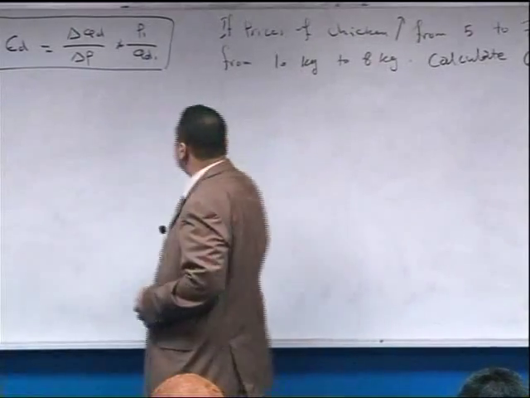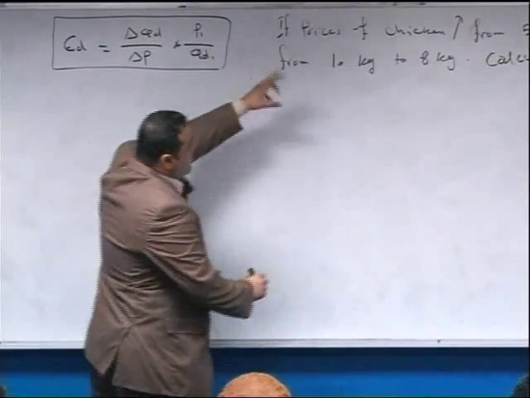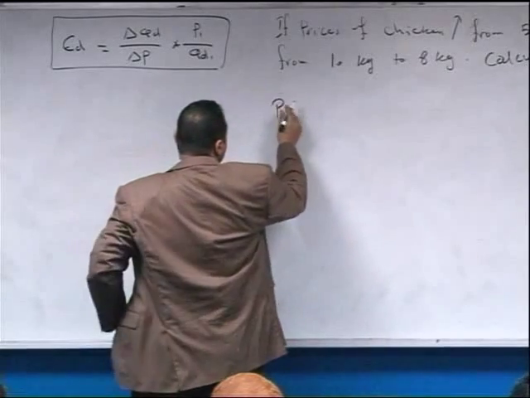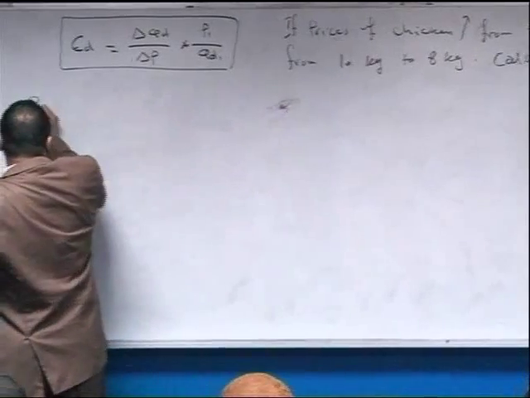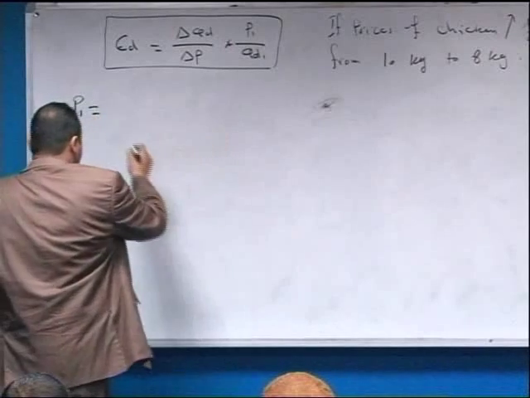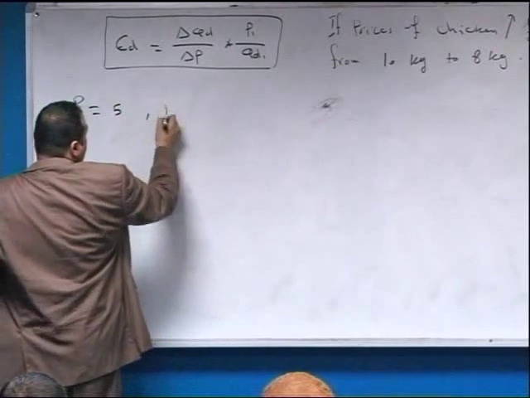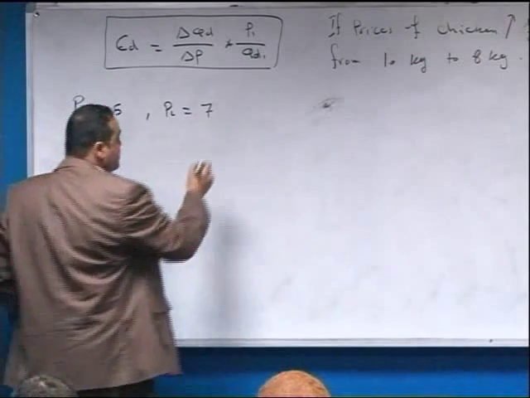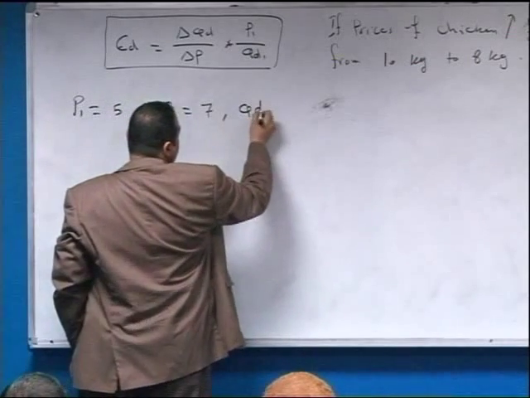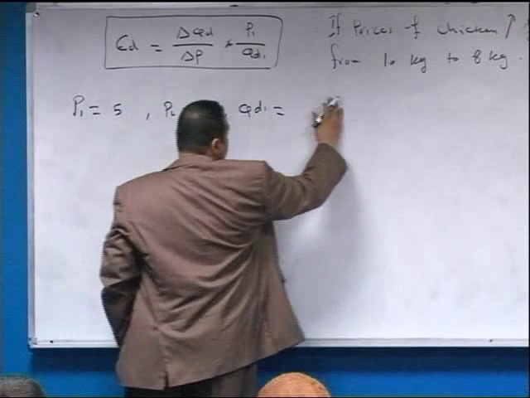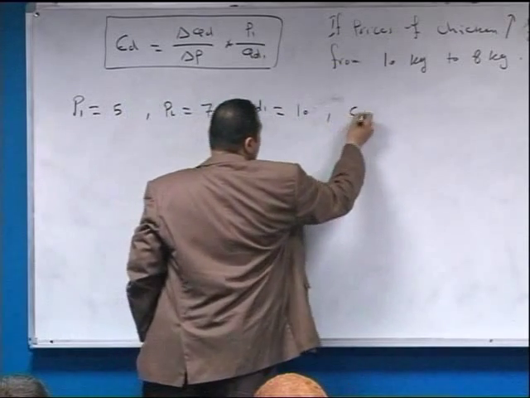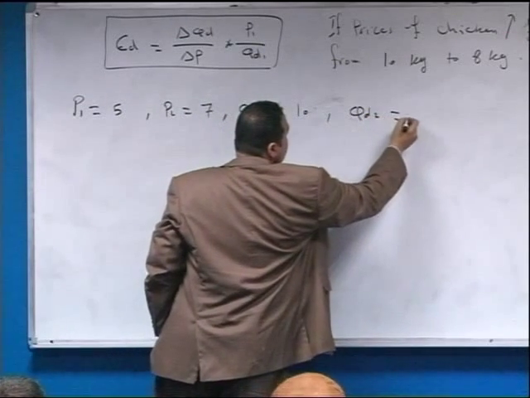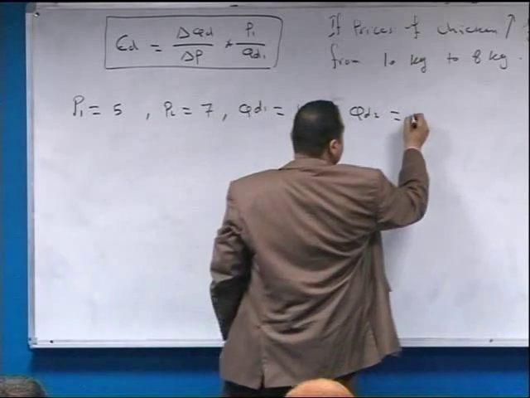As you see, P1 equals 5, P2 equals 7, QD1 equals 10, QD2 equals how much? 8.